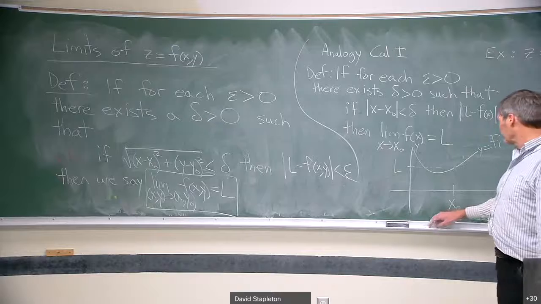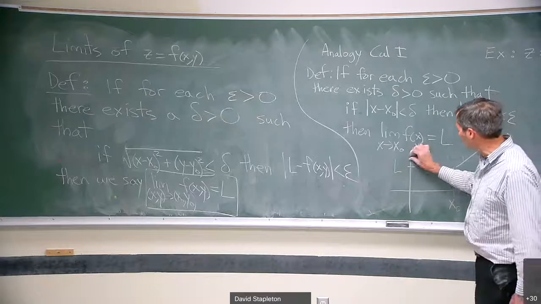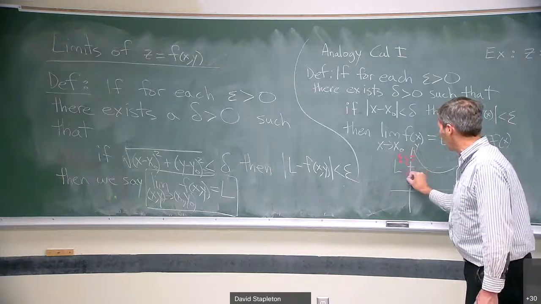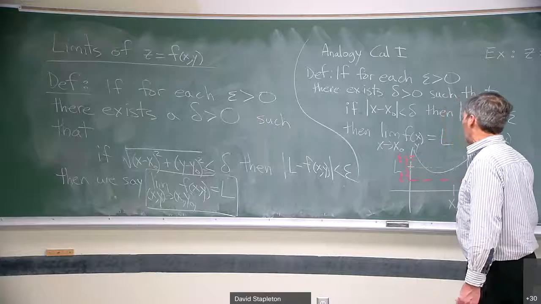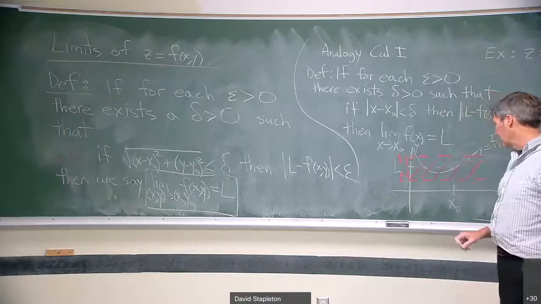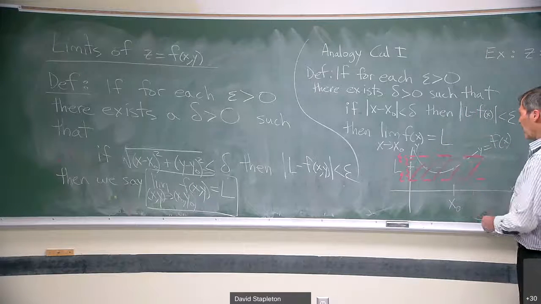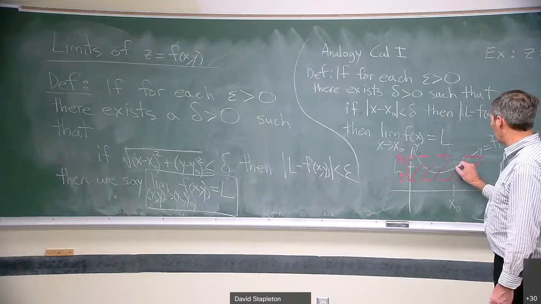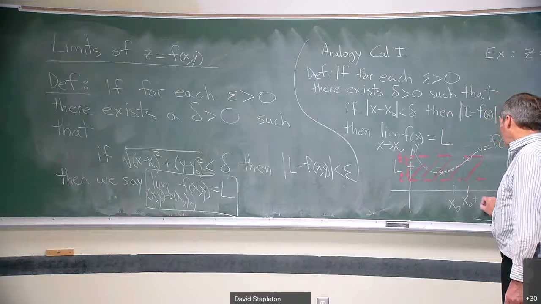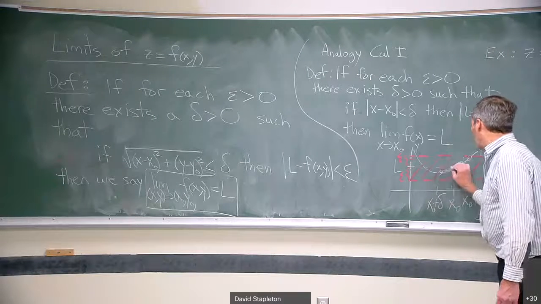We do this. You tell me any positive number epsilon, and I'll make an interval with epsilon on this side and epsilon on this side, a band of width 2 epsilon. If you say I have to be within epsilon of this number L, I can find a region, no matter how small, as long as it's a positive length, from x0 minus delta to x0 plus delta, such that each point on the curve is in the band.